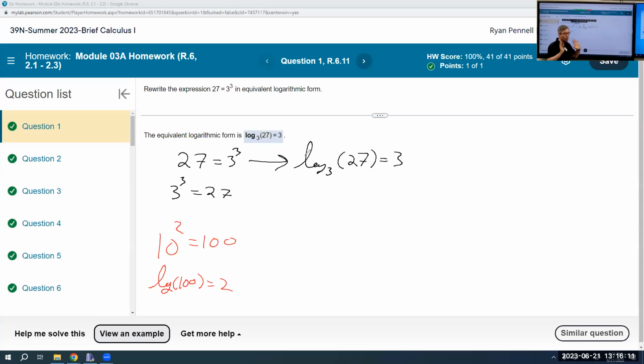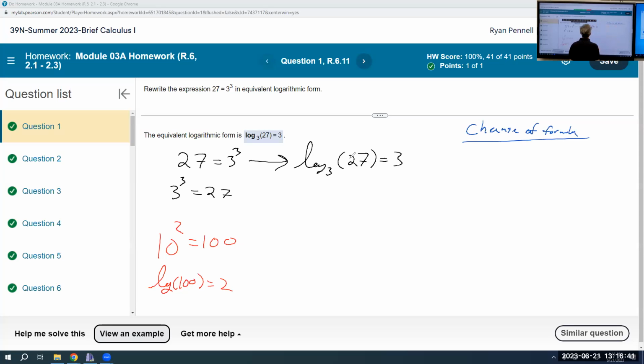Now, while I'm thinking about it, you don't have a log base 3 button in your calculator, right? You have log base 10 and log base E, which is ln, natural logarithm. But you don't have any other ones, presumably. We're going to use this later, but you can use the change of base formula.